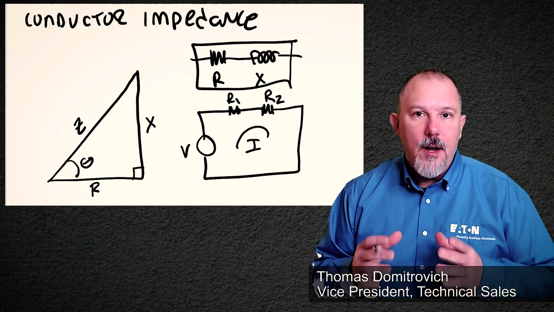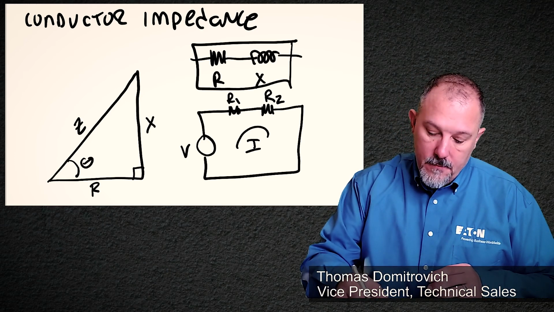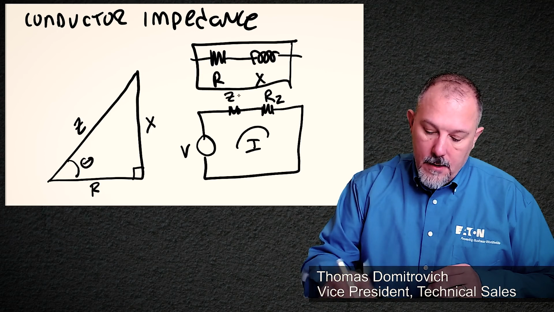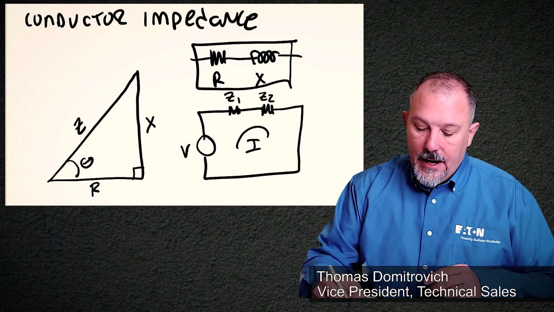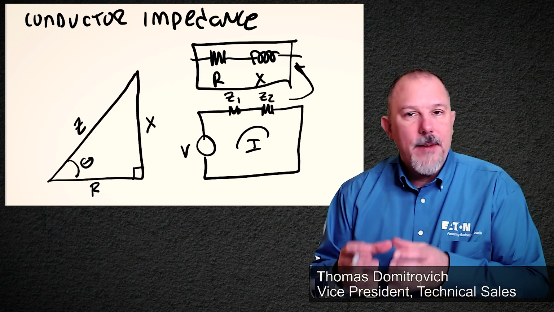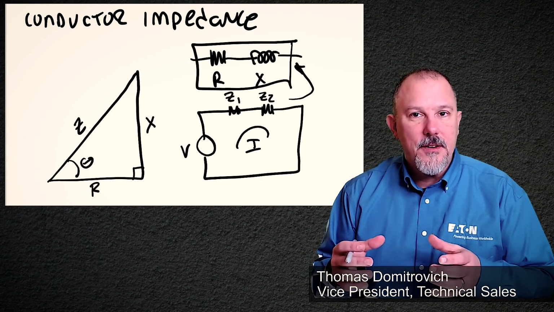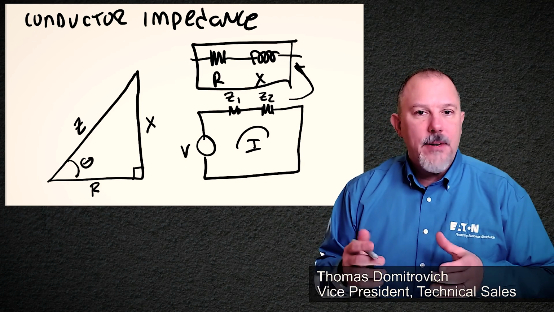What if R1 is Z1 and R2 is Z2, and these are represented by a resistor and a reactance in series with each other? Now, how do I add those together? How do I divide those numbers?